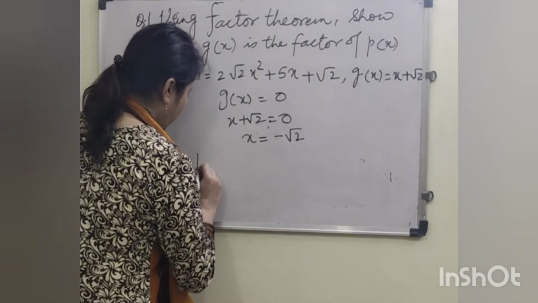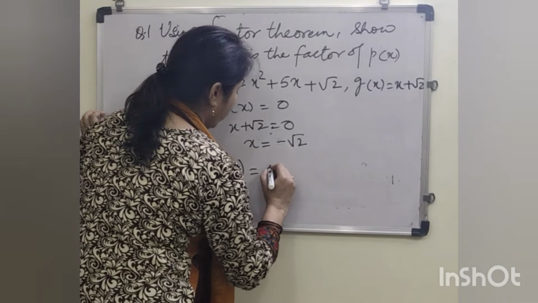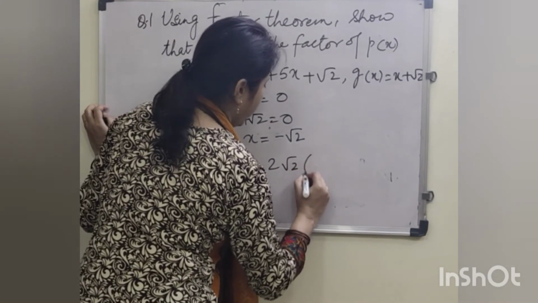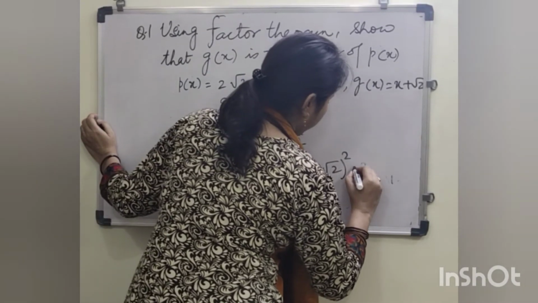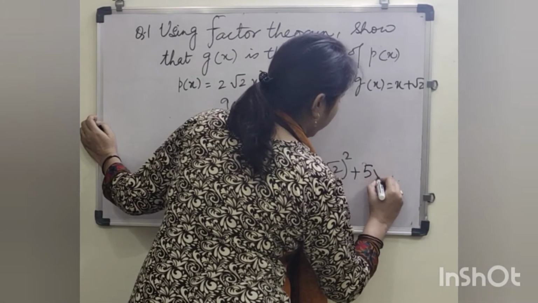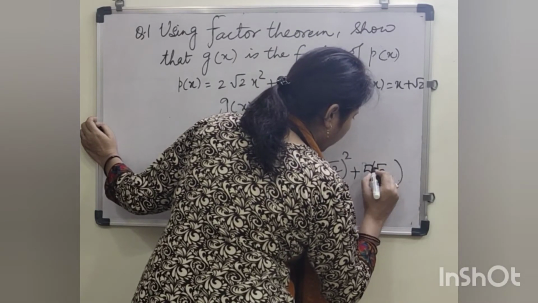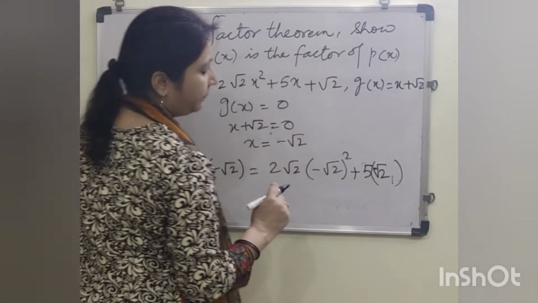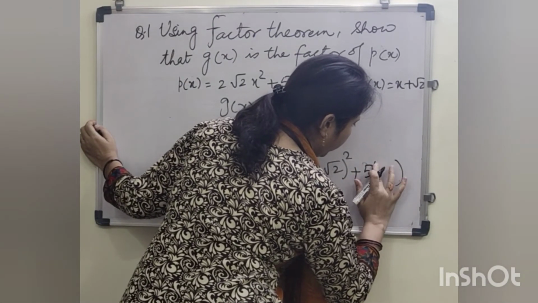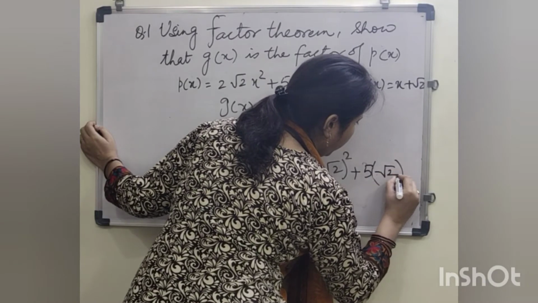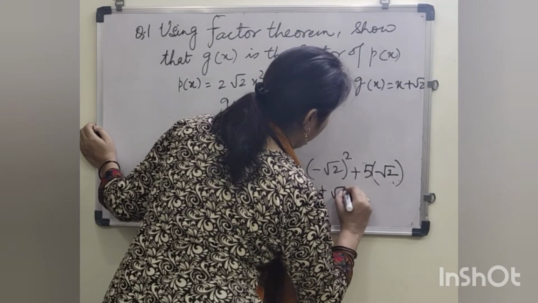It is equal to 2 root 2 into (minus root 2) whole square, plus 5 into minus root 2, and last we have plus root 2.